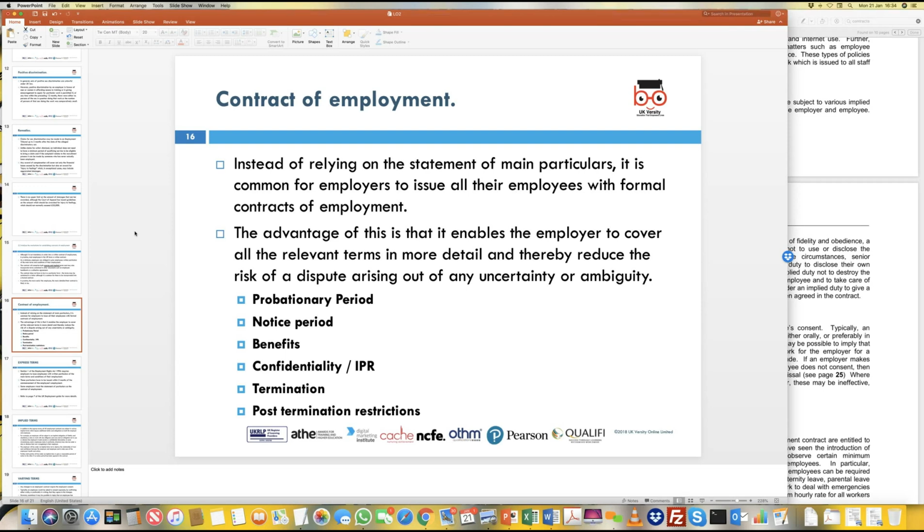When it is drawn up, it needs to include at least these basic things: what is the probationary period, if any, if there is a notice period, what are the benefits and perks which come along with that contract of employment, the title, wages, things like that. Then employers put in confidentiality or IPR related rights, which is intellectual property rights, because if the organization has sensitive data and the employee has access to it, then the employee needs to be informed that this data needs to be handled carefully.